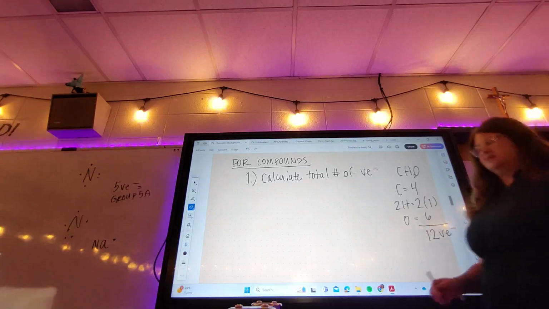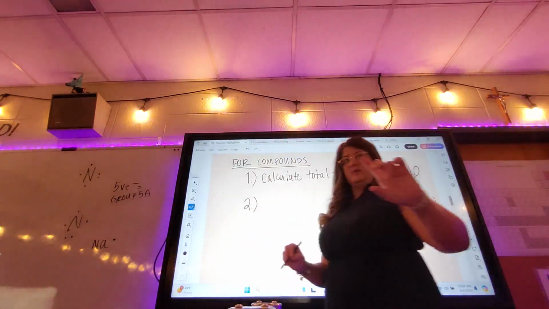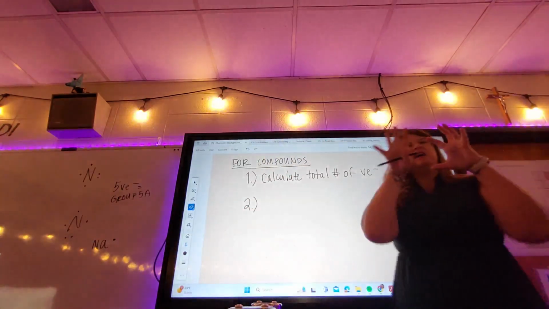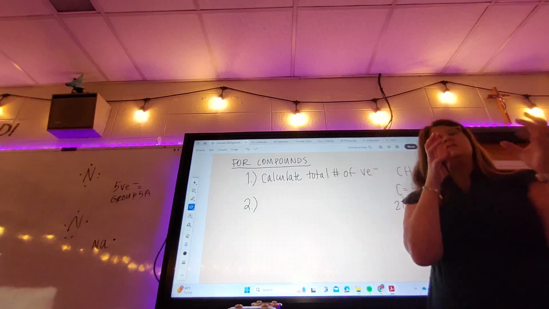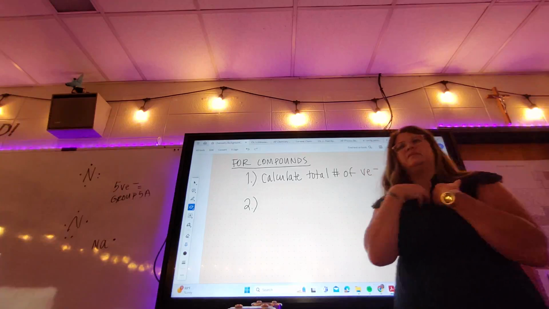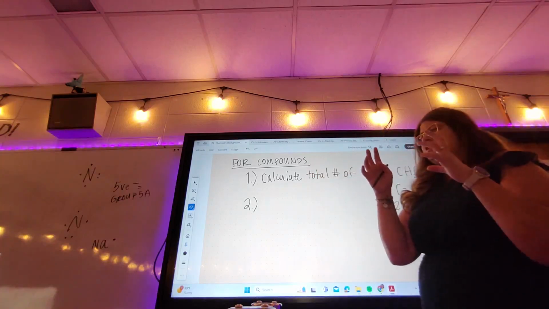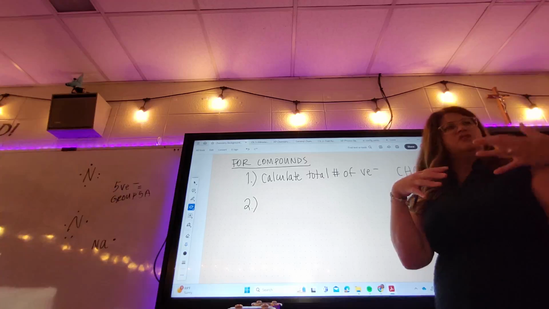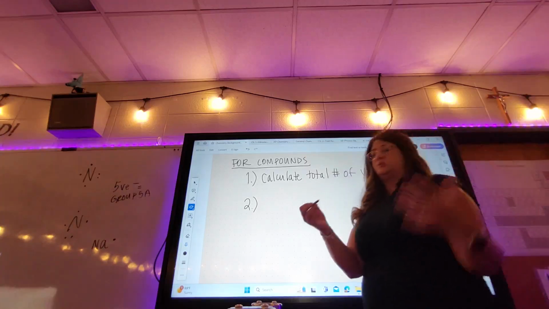All right, so we did that. That's step 1. Now is the tricky part. We have to try to organize our atoms kind of like a puzzle, and it's tricky for me because I am spatially illiterate. My best suggestion for you is to try to make your compound as symmetrical as possible.